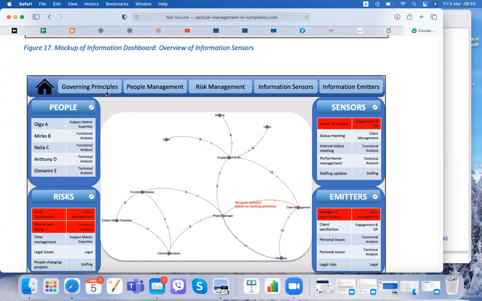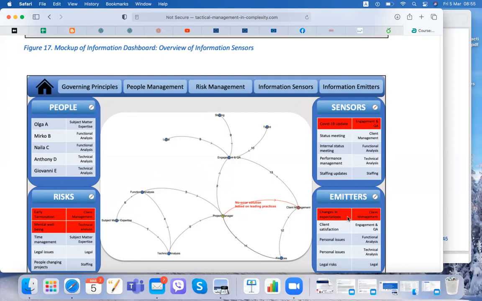But with COVID, it changed. That principle, which was governing in the entire institution, was changed. And that's how it was also reflected in this managerial system. So there is no going on site, but we have to be virtual.